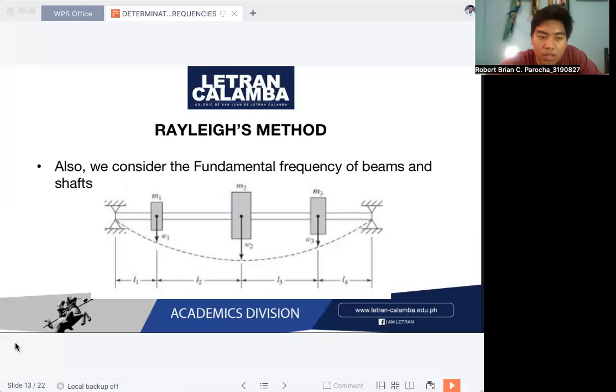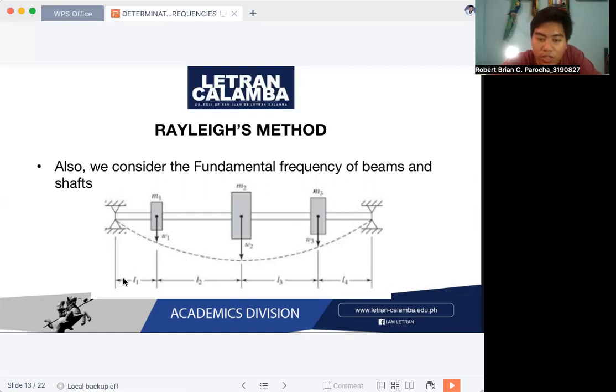As you can see in the figure below, there is a static deflection curve. This shows here from this point up to this point, the imaginary line called the static deflection curve, which is used to approximate the dynamic deflection curve that considers a shaft carrying several masses, namely mass 1, mass 2, and mass 3.